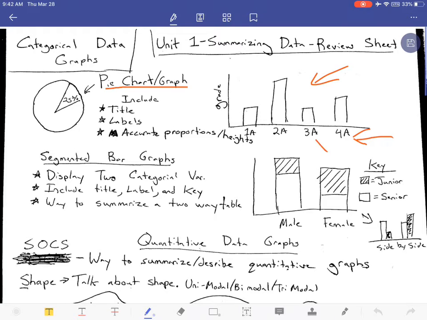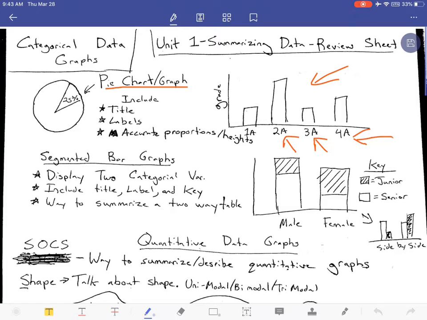In this example, I put the grades for different classes. So you have 1A, 2A, 3, and 4, the different groups, and that's how you would display their different percentages. Okay, so those are two different ways you can display categorical data.